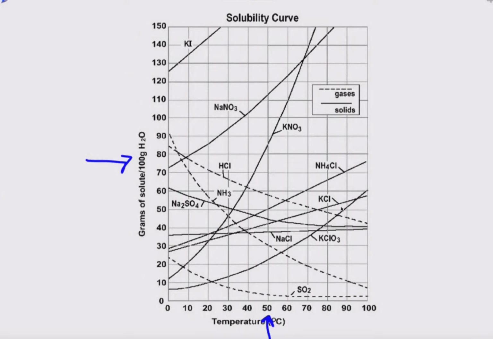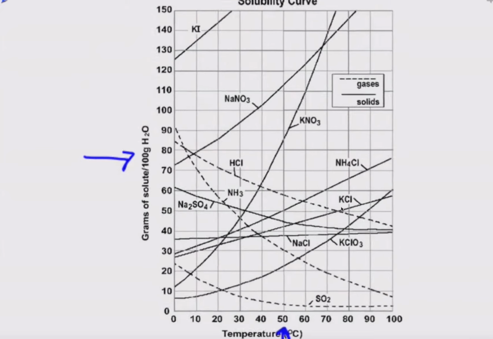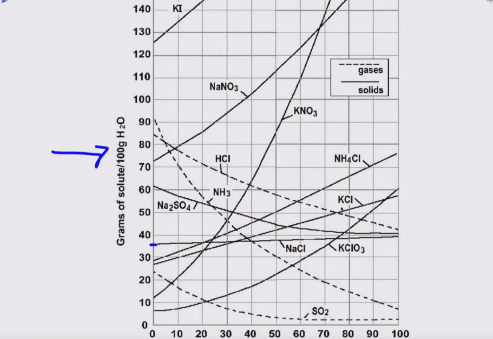And we're looking at sodium chloride, which is this line here. Okay, so we're going to look for the point where the 50 meets that line, and then if we follow that back across over to here, it's slightly below 40.